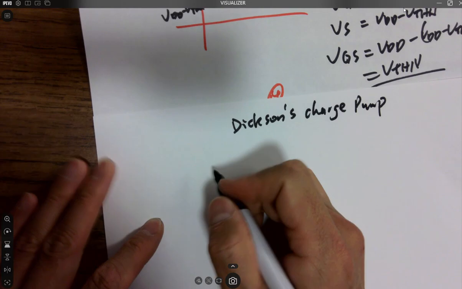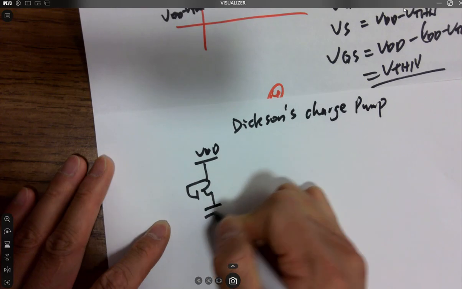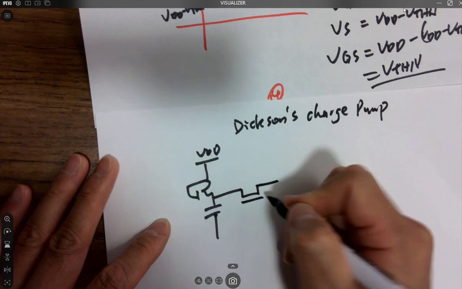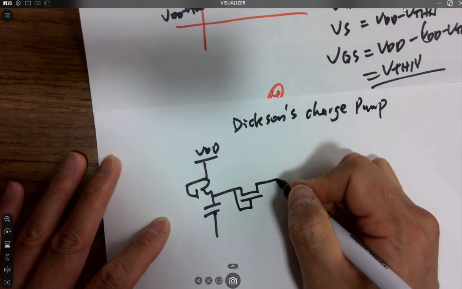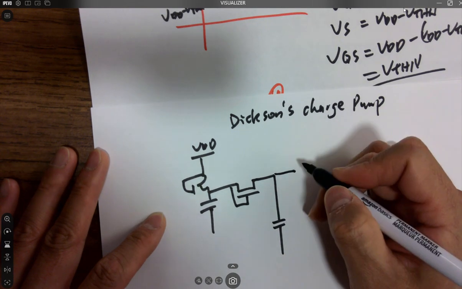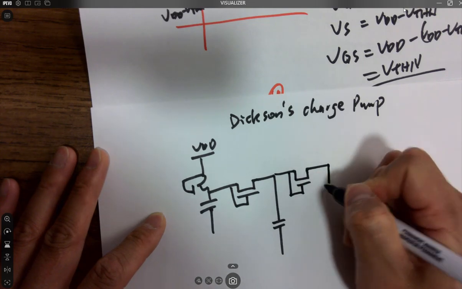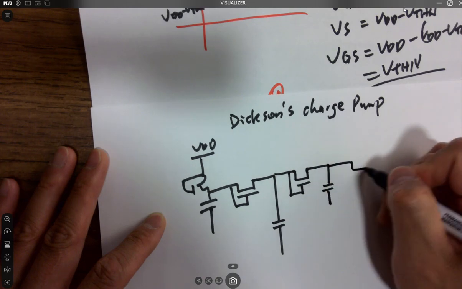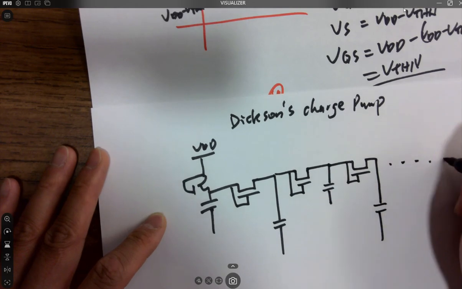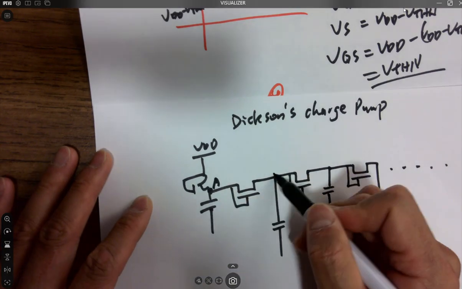And it looks like this. So we need to find out the voltage oscillation at this point, at this point, and at this point.